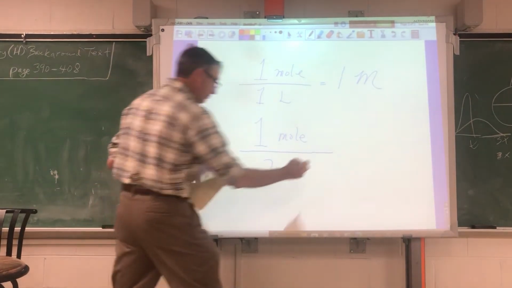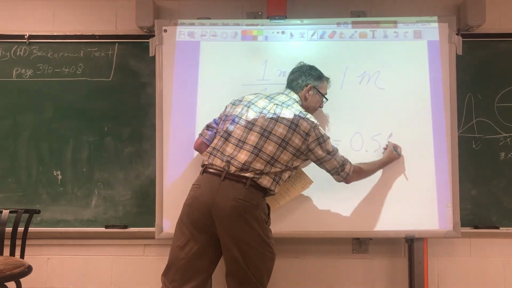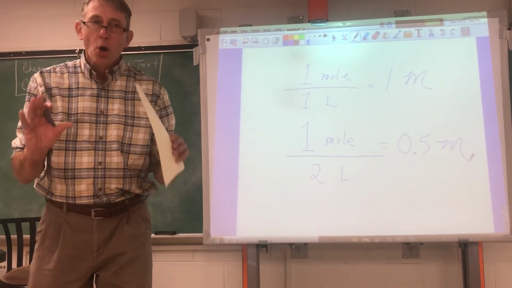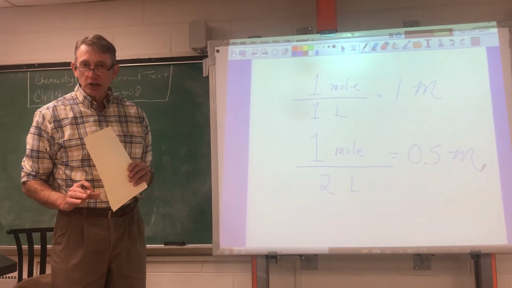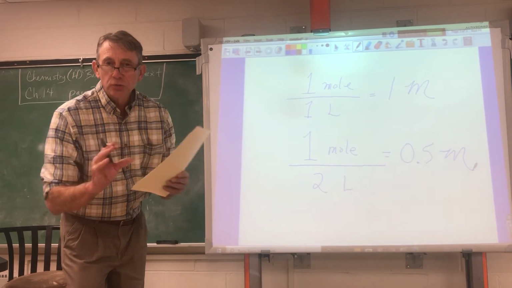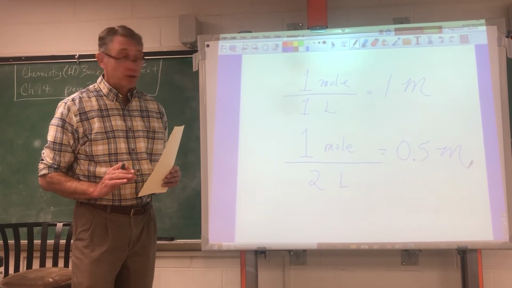Hey, I've got myself a concentration of 0.5 molar, okay? And that is how most chemists would measure solution concentration. The amount of solute dissolved in aqueous or other types of liquid, okay?